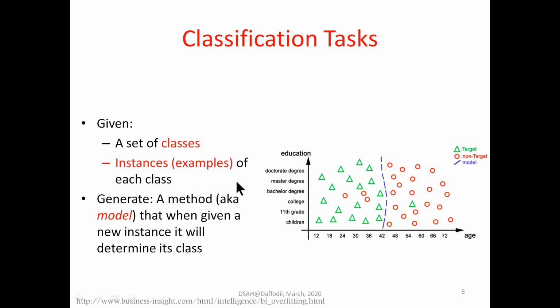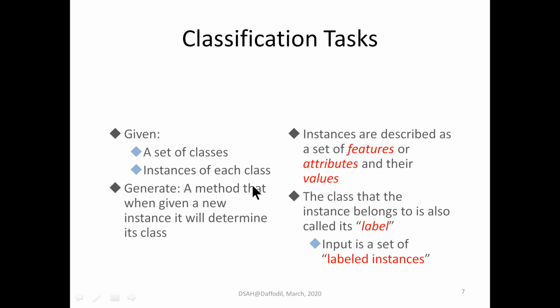Given the set of instances and the classes, we need to generate a method that, given a new instance, tells which class it belongs to. That means if I give you an unknown instance, my classification model will be able to tell which class it belongs to. All right. So let us proceed to see further.